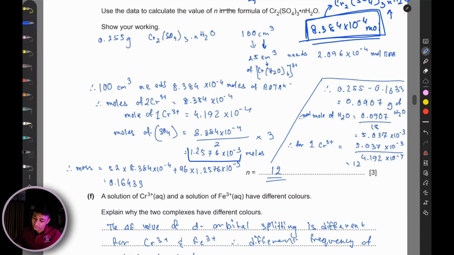And your ultimate moles of sulfate ion is going to be 1.257 or 1.258 × 10^-3 moles of sulfate. Keep that in mind. Now, I'm going to find out the mass of sulfate and the mass of chromium in the entire compound.